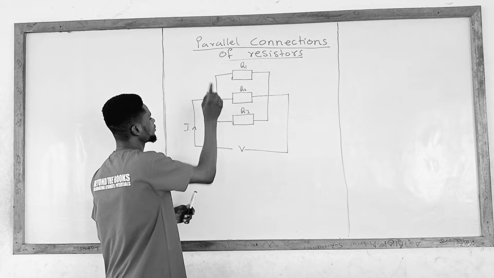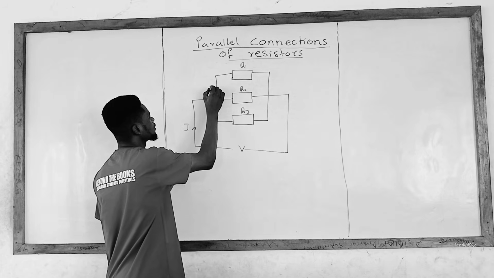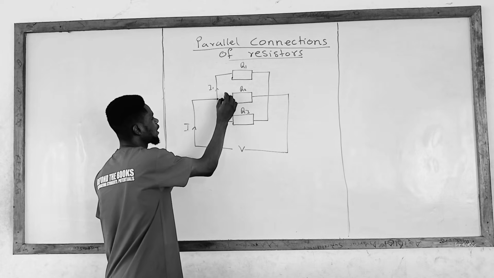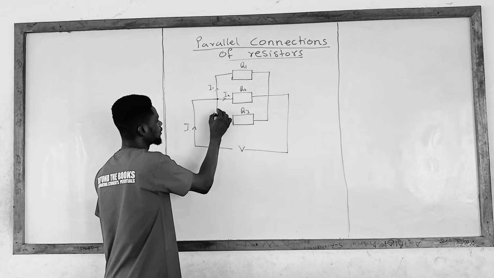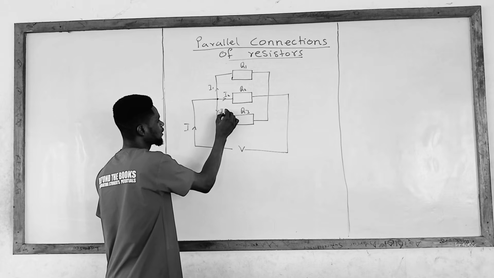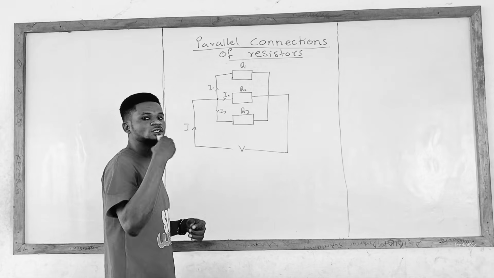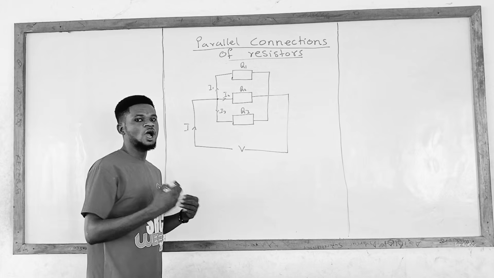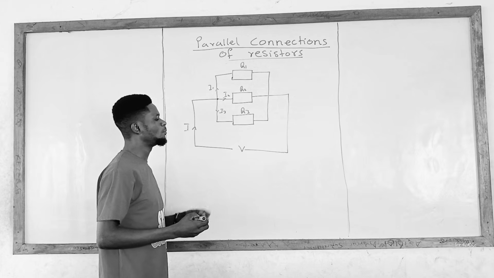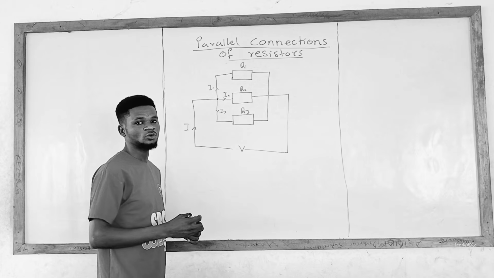And as they are separating, we will name this side I1, then this side I2, then that side I3.